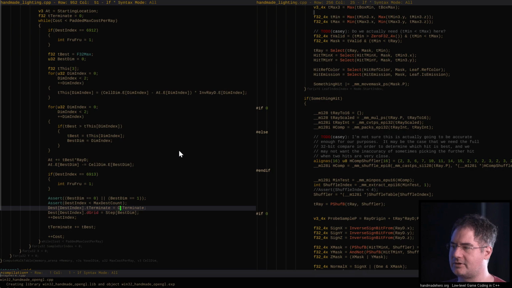Look, clamp this between 0 and some large value, right? I don't know what, well, maybe we just want to do, if it's inf.